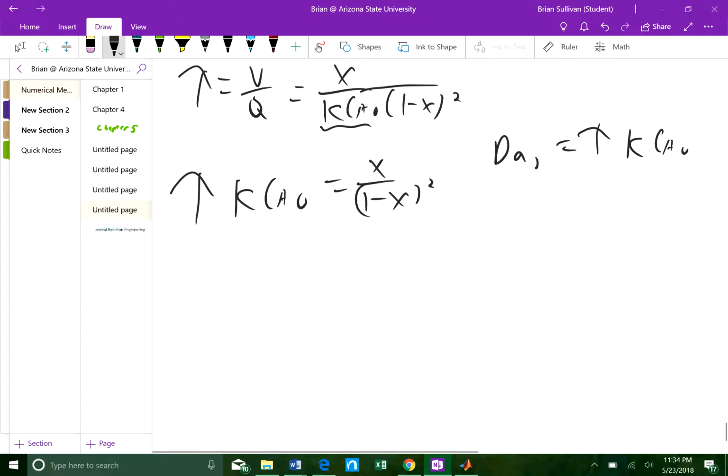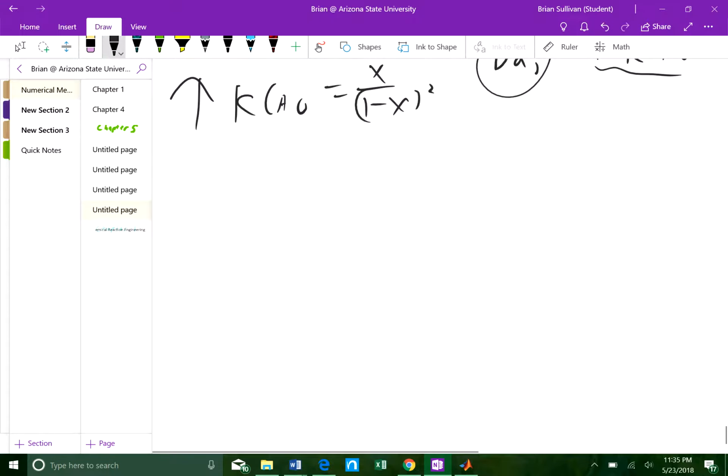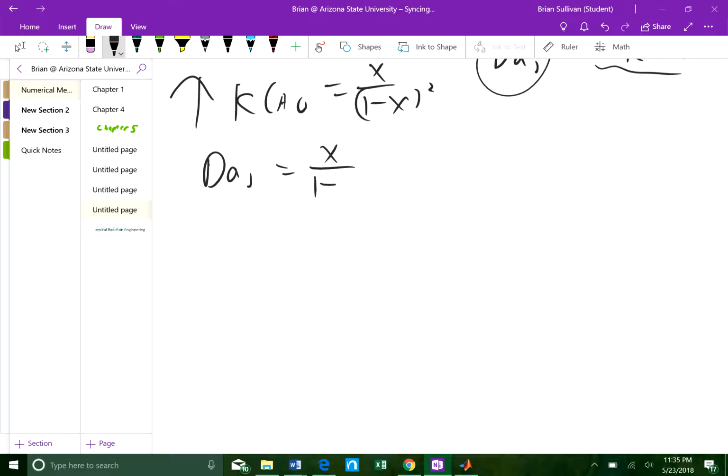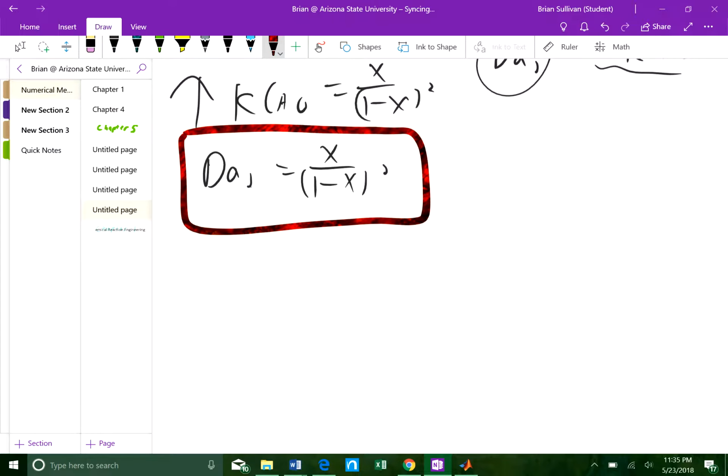However, it's still a function of the physical parameters. So basically, when those parameters change, your result of conversion, or your reactor's response, will be a different formula than first order. So you'll use this case for second order CSTRs.